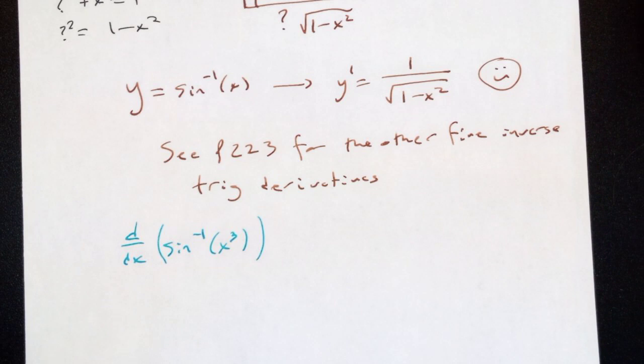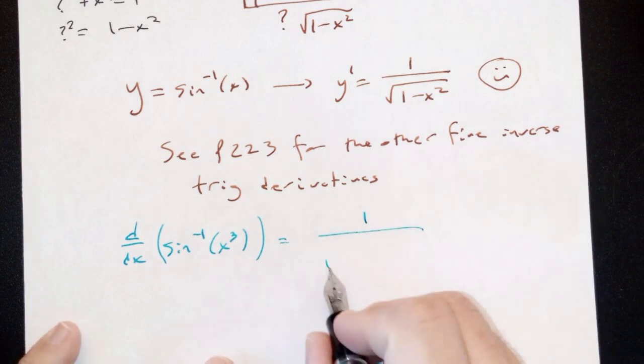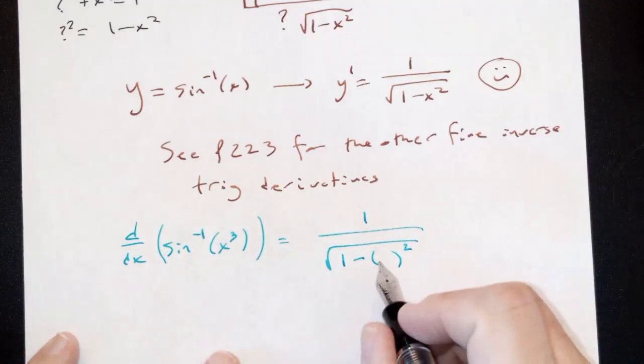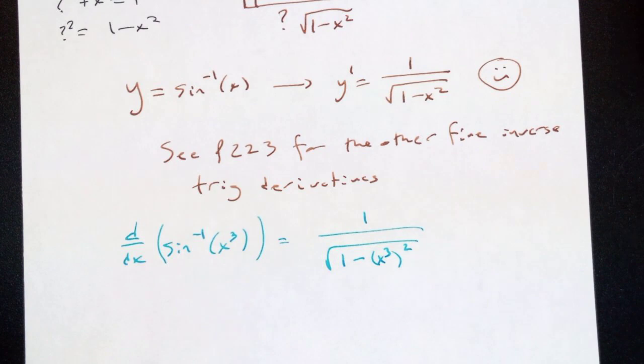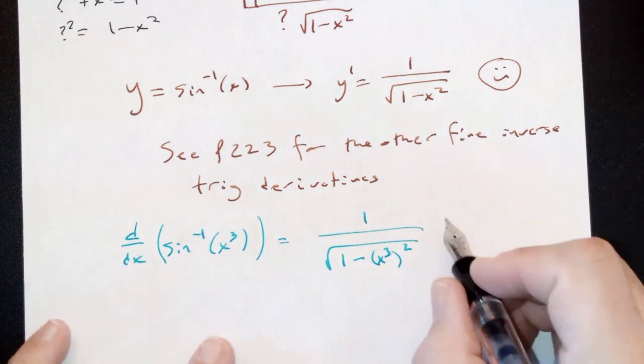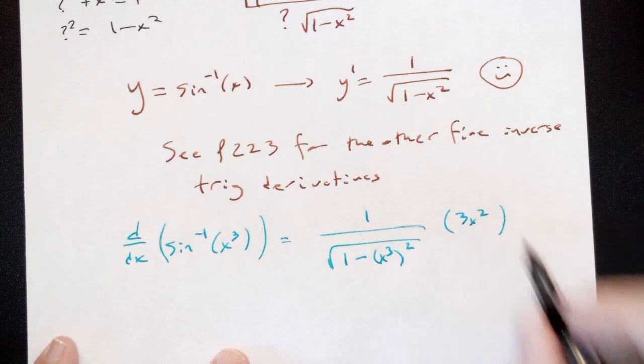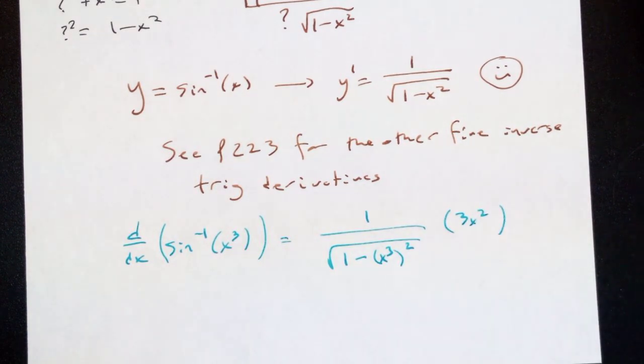Sine inverse of ugly junk. So I do the derivative of sine inverse leaving the junk alone: 1 over square root of 1 minus junk squared. What goes in there is the x cubed. But wait, there's more. The derivative of the junk. I'm perfectly happy to leave that just like that. That makes perfect sense to me. I'm done.